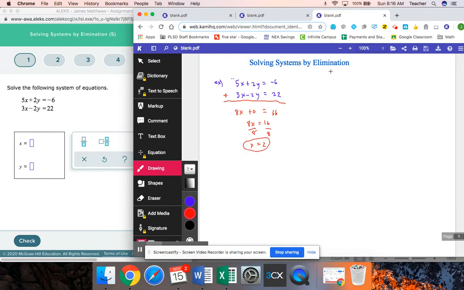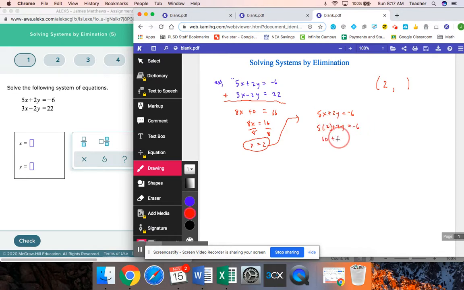Remember, we want our solution to be in the form of a point. x is 2. To find y, just like before, we just need to plug this in. We can use either this one or this one. It doesn't matter which one, because they're both a part of the system. I'm going to use the first one just because it's the first one. So 5x plus 2y is equal to negative 6. Well, I know that x is 2. So 5 times 2 plus 2y is equal to negative 6.